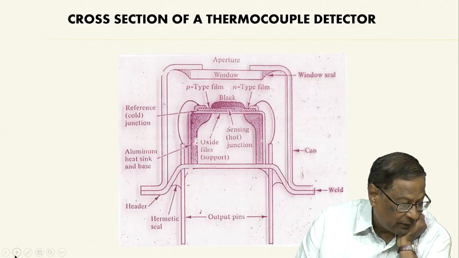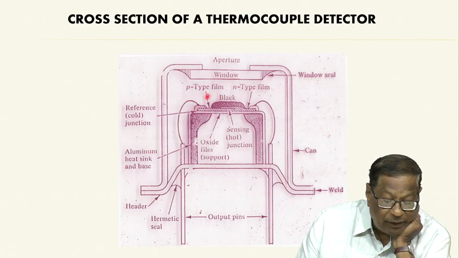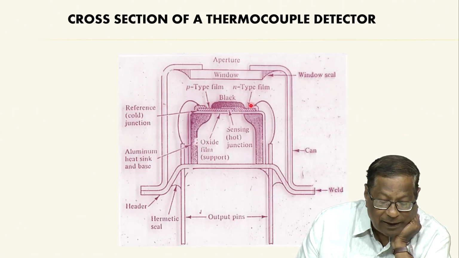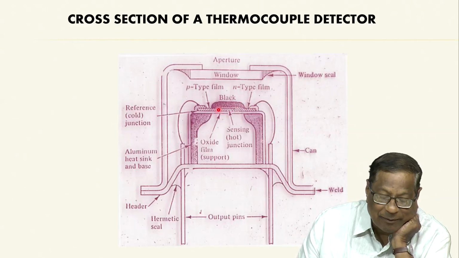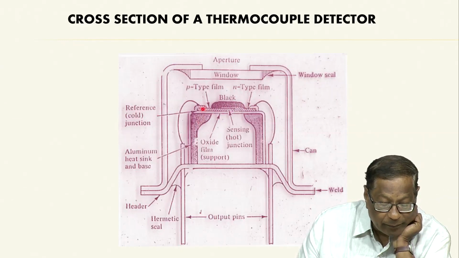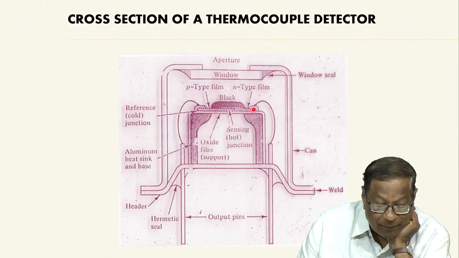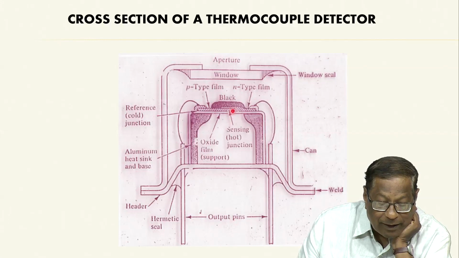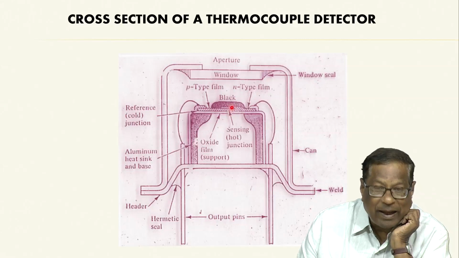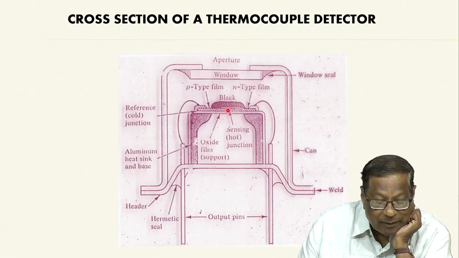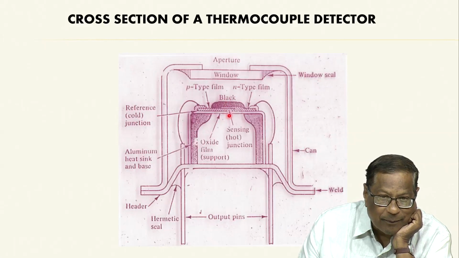Okay, I will show you here. The film is exposed over a very small portion here and another small portion here, the remaining is black painted. Now, there is an oxide film at the bottom of that plating, and these are the two metals. You can see the two white lined areas below this black paint.